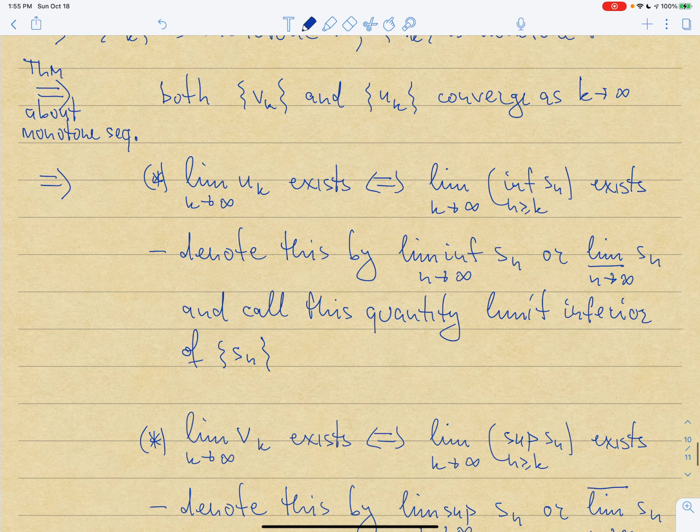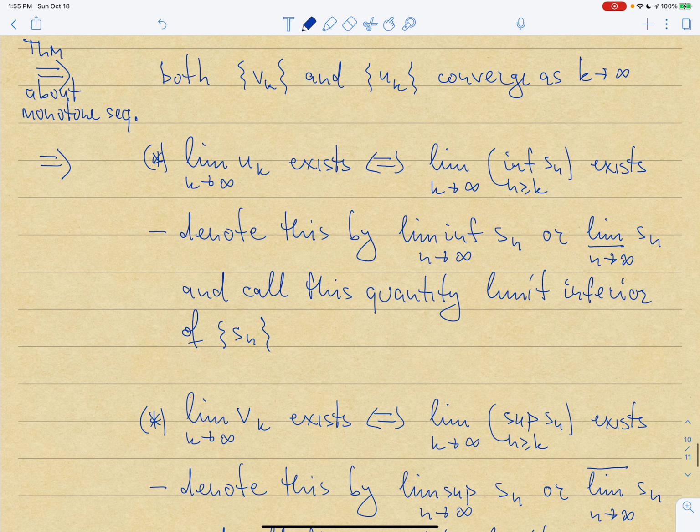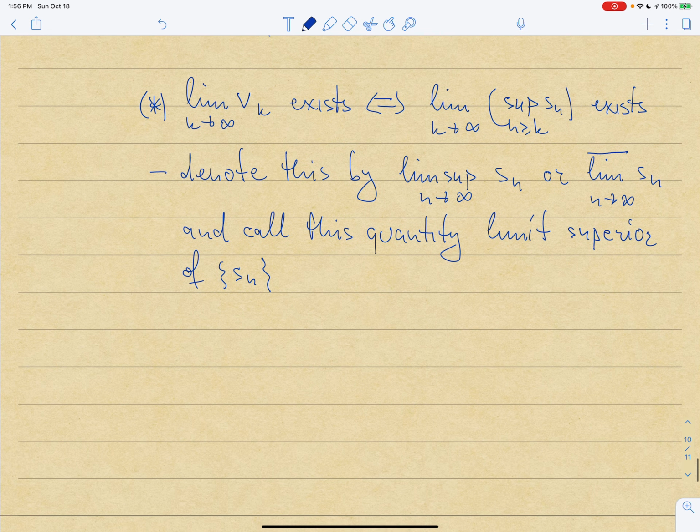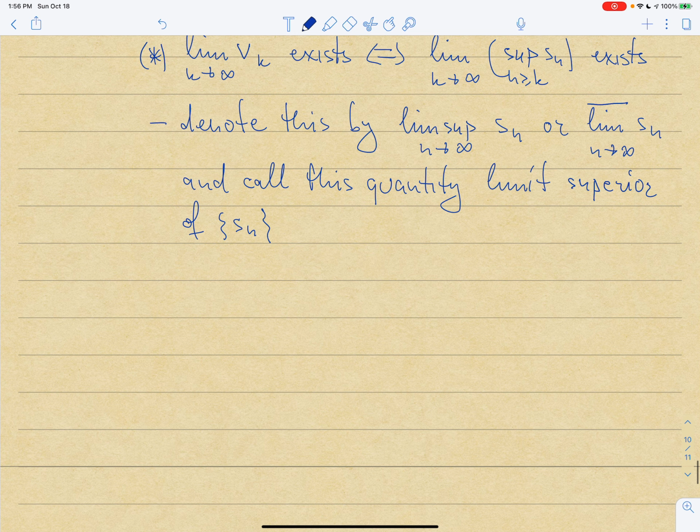The important thing is that it doesn't matter what the sequence Sn is, uk and vk are monotone sequences, so these limits exist, then it follows that both lim inf as n goes to infinity of Sn and lim sup as n goes to infinity of Sn always exist.